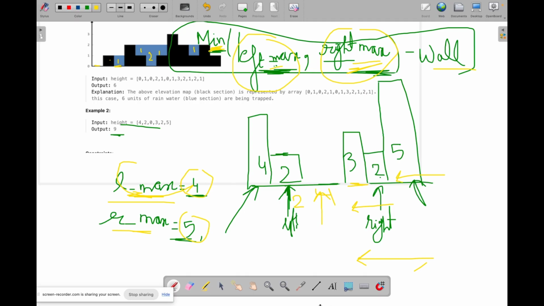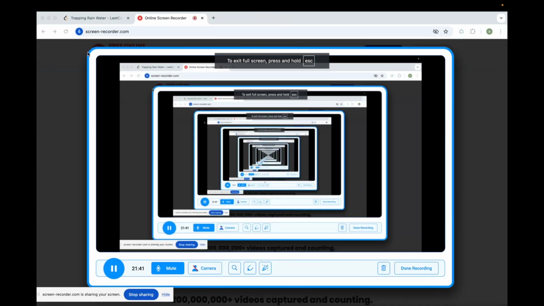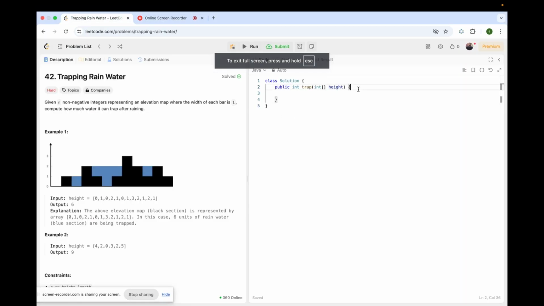Okay, let's open LeetCode and see how we will write the solution. I will take n, which is the height array's length minus 1.